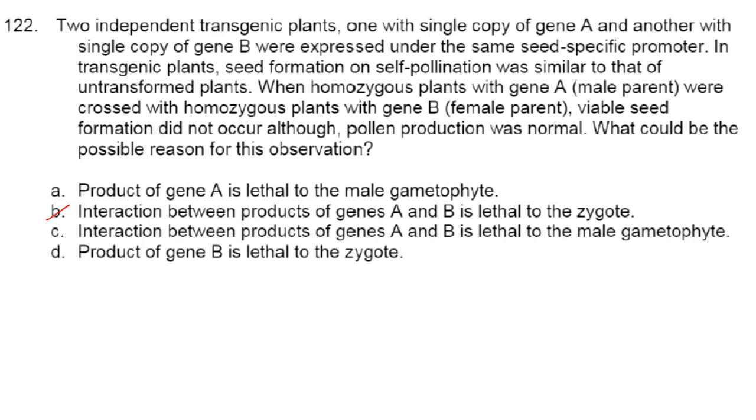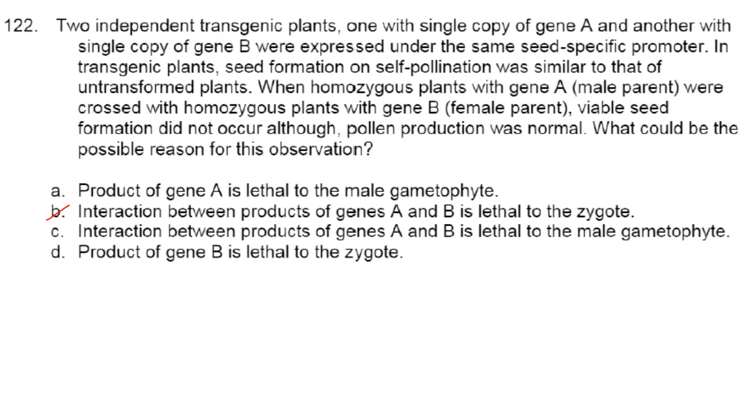Interaction between products of genes A and B is lethal to the zygote. So in the seed, genes A and B got expressed and their interaction resulted in the formation of a product that was lethal to the zygote.